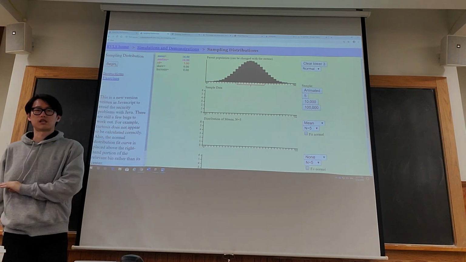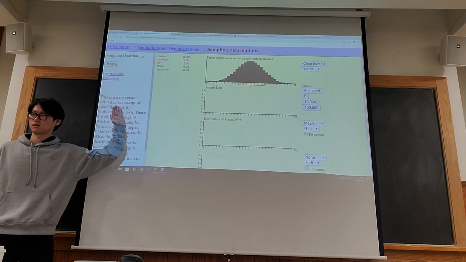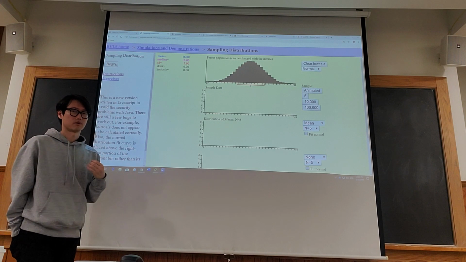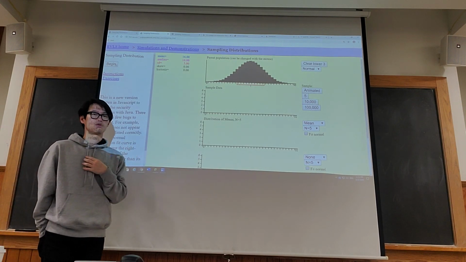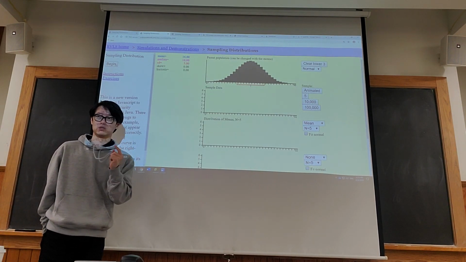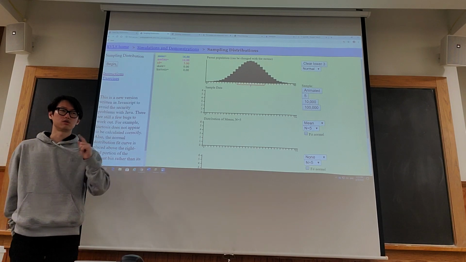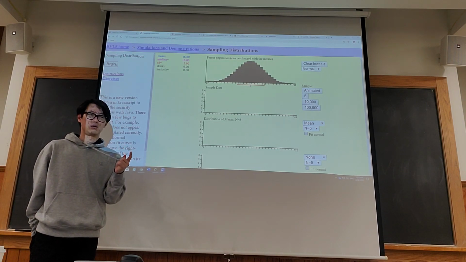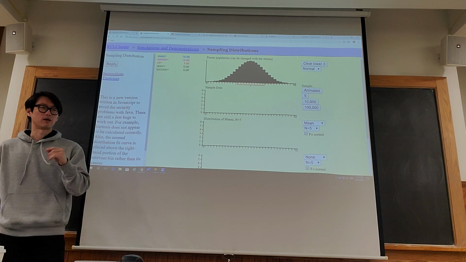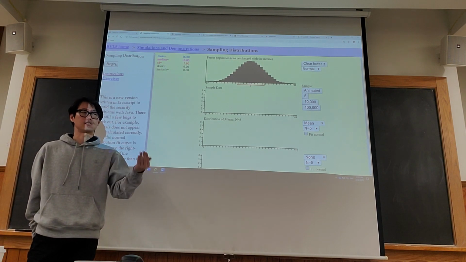That distribution does not change, right? It's a fixed distribution. To figure out some information about the population, I will go to the street, grab 5 students, and ask their heights.